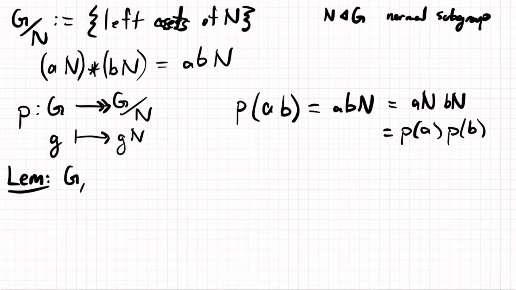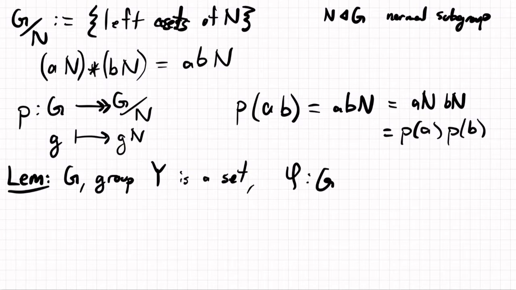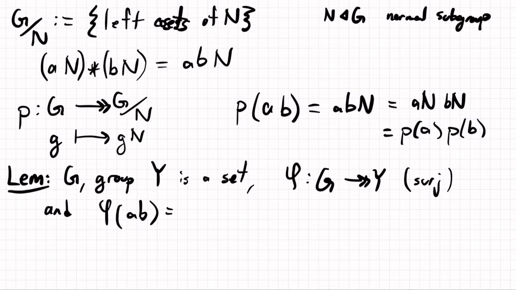If G is a group, and let's say Y is a set, and we have a map phi from G to Y which is surjective, and phi of ab equals phi of a times phi of b, in the sense that, so let's see.